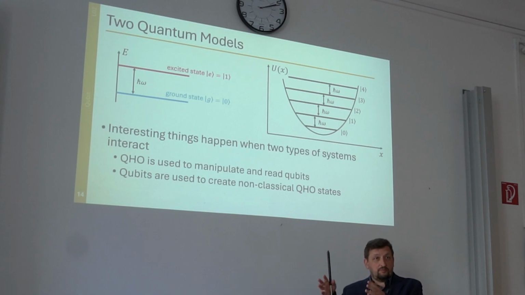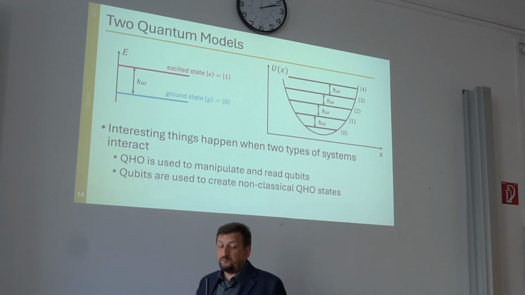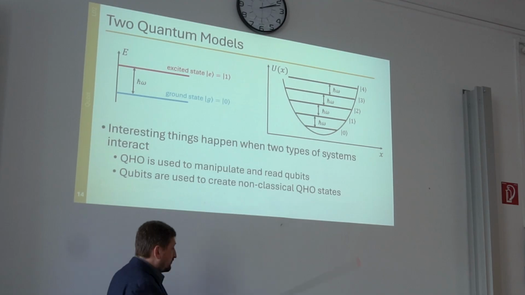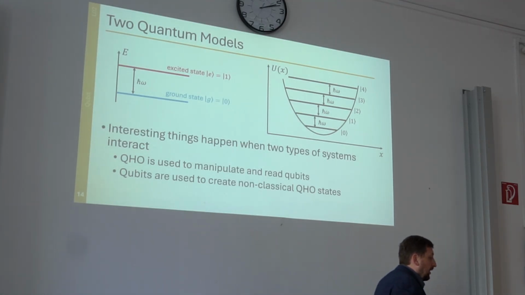There is an interaction of magnons in a YIG sphere with a qubit, and this interaction is used to create states of magnons which are not possible to create otherwise. So these two models are interdependent, I would say.